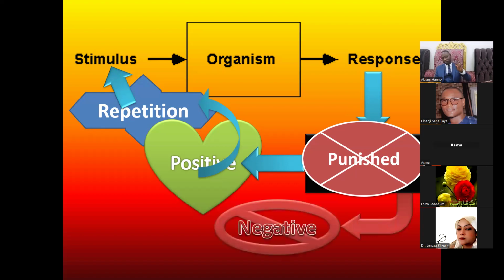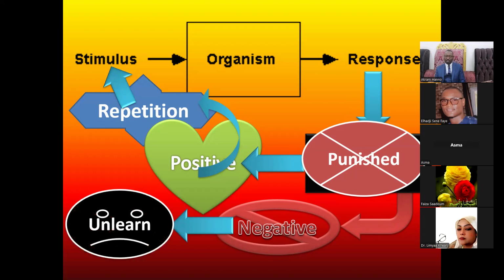Negative. So these are two key words, negative and positive, because they lead to something else. If it is positive, a student or an infant can learn, but if it is negative, the end result is that they unlearn.